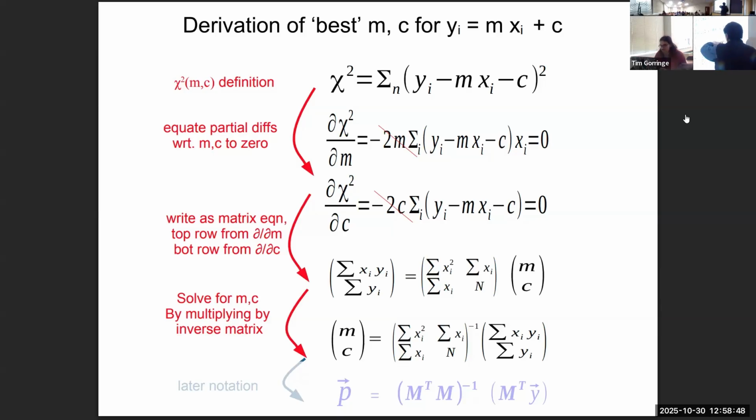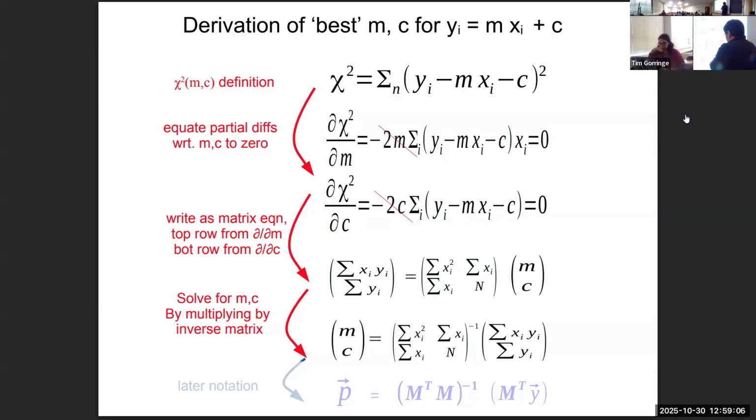And if you think of the multiplication of this column vector with the bottom row of the matrix, that gives this equation here. And so this is the matrix form of this equation.